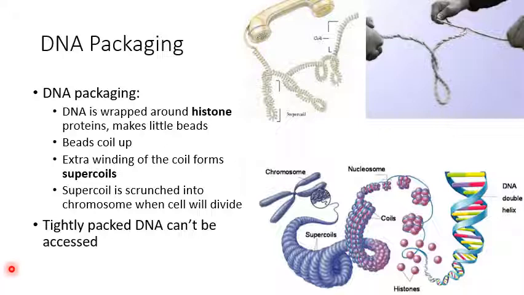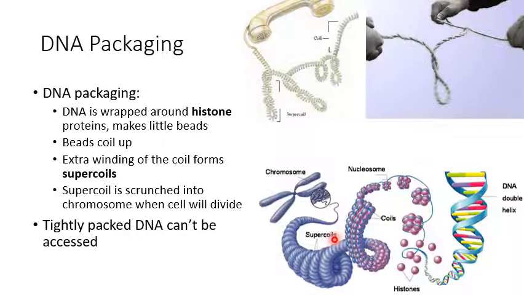But when you have it supercoiled, there's just no way for the enzymes that need to make the mRNA to actually access the gene. So when you have DNA packaged into a supercoil like this, it is basically inactive DNA. It is too tightly packed for anything to access it and work with it. So when you're going to actually express a gene, you have to unpack it.